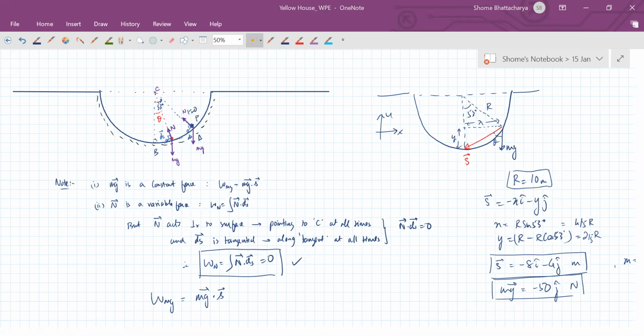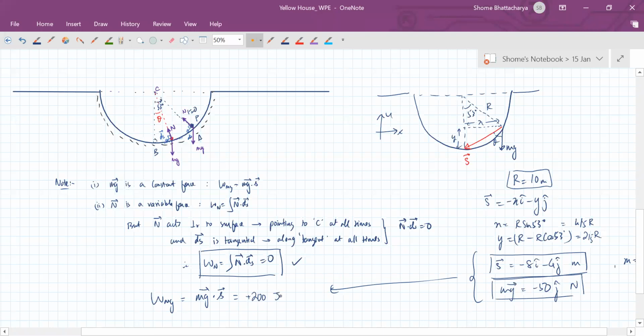So now you see work done by this is how much. So substitute this information here. So plus 200 joules. That will become the work done by the gravitational force.